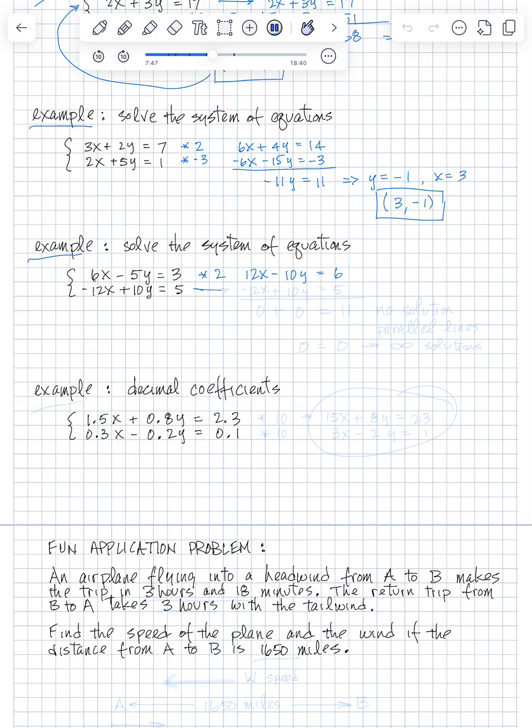And then we'll bring over the second equation, minus 12x plus 10y equals 5. We're going to add these, and we have 0 plus 0 equals 11. Well, you may think this is not going to turn out very well. What this tells us is that there is no solution, because 0 cannot equal 11. But what it also means is these are parallel lines.